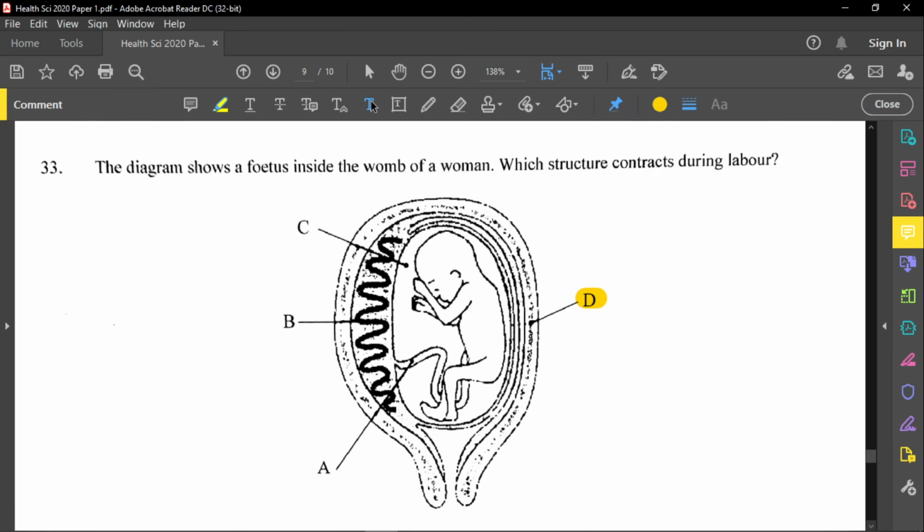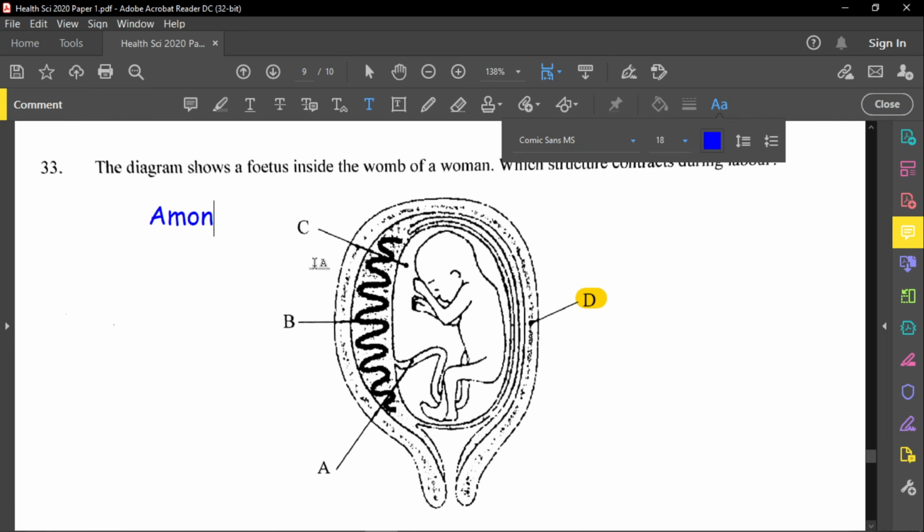All right, let me quickly label all of this for you. A is the amniotic fluid, or you can say the amniotic sac. I'm looking at where C is pointing, so this is the fluid around here, the amniotic fluid, and it's in the amniotic sac.